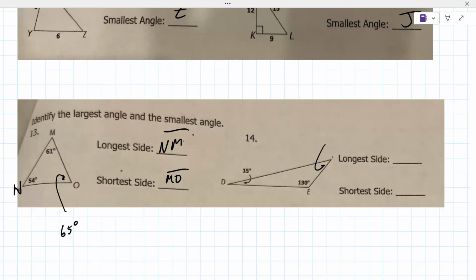Longest side is BF and shortest side is EF. Okay, I agree.